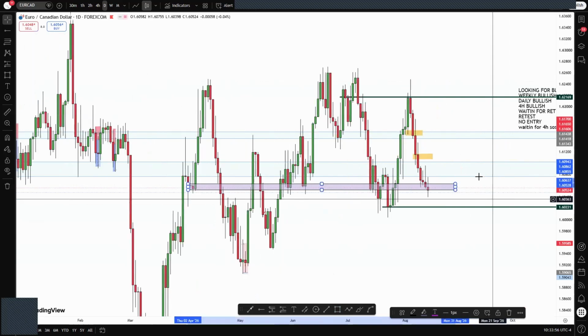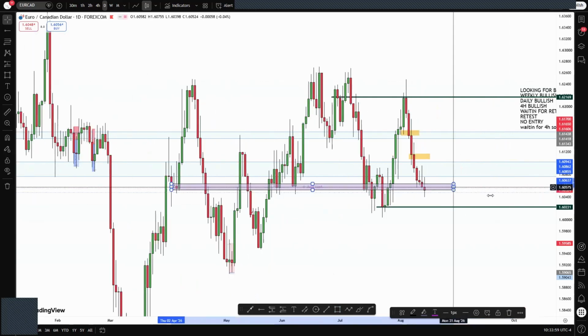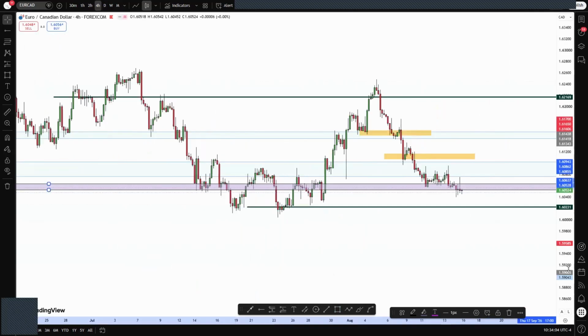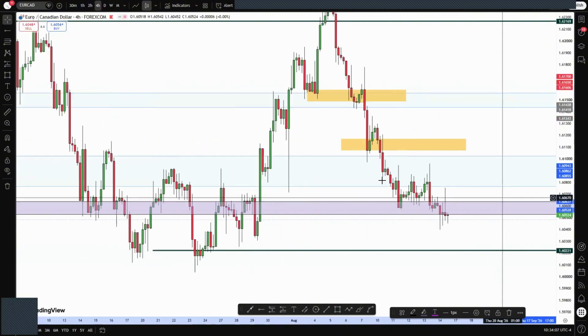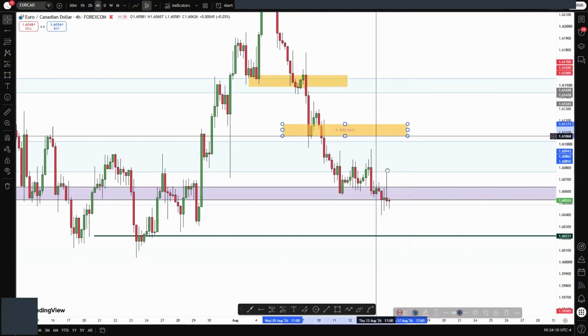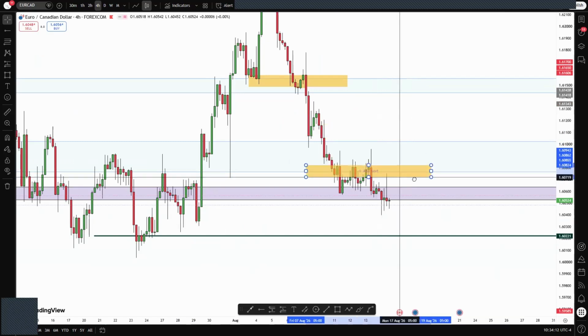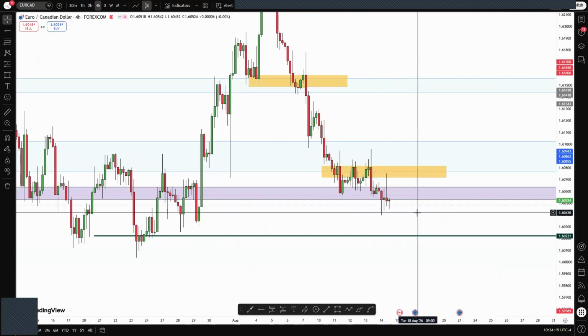Yeah, let's spot that. So, by the fourth time frame, you can also see that price is about to shift.